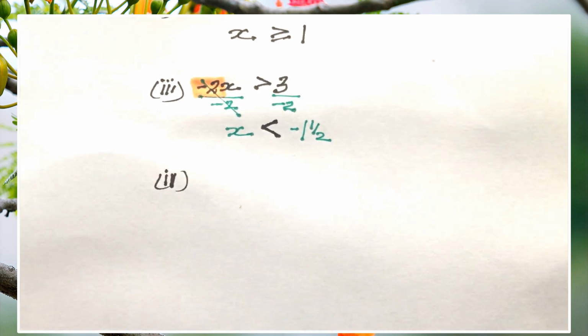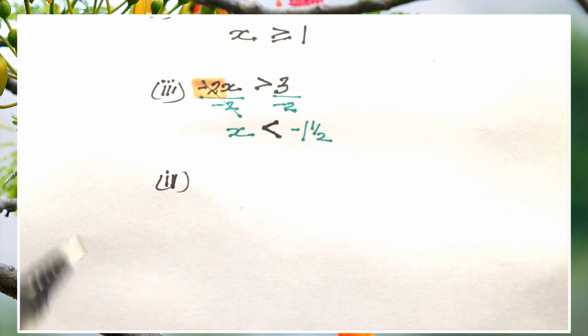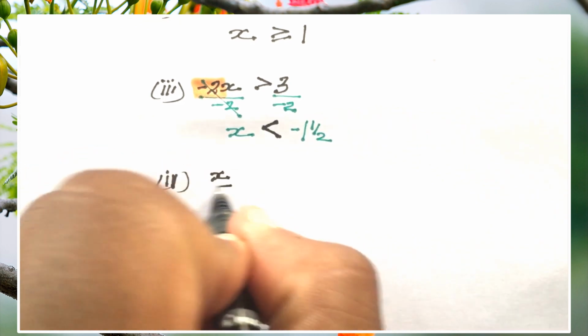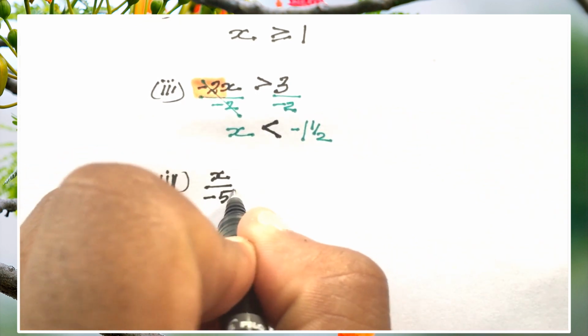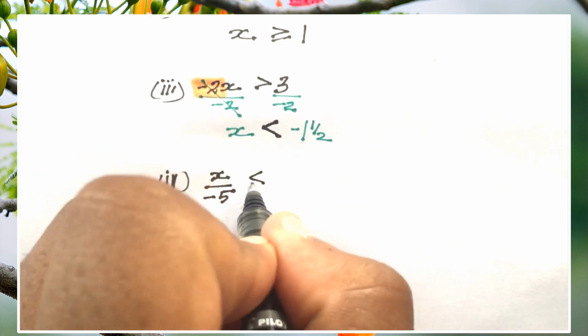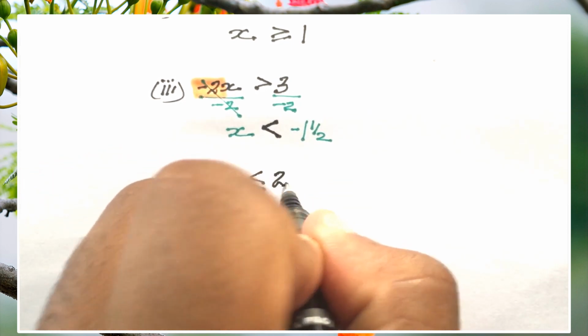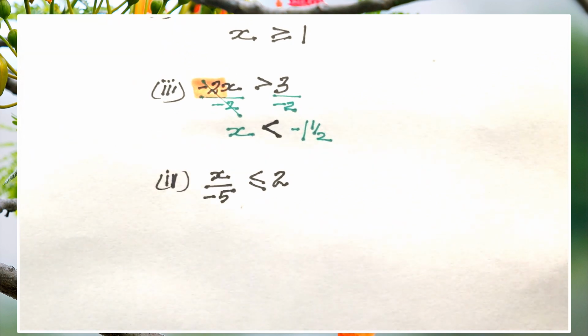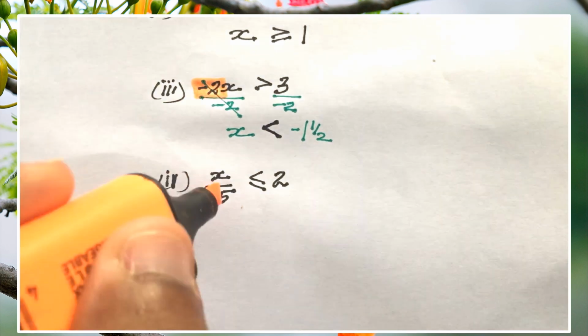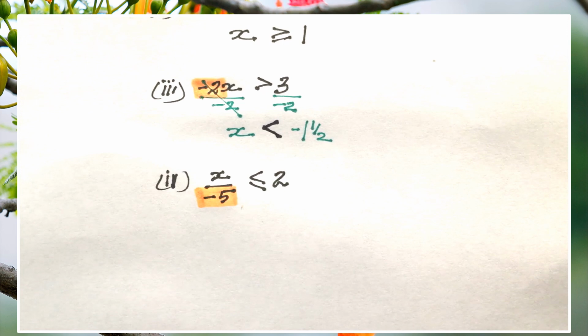Number 4. It's going to be x over negative 5 is less than or equal to 2. You see the problem? This is the problem. This divide by negative 5. So whenever we're multiplying or dividing by a negative number, we need to change the inequality sign.